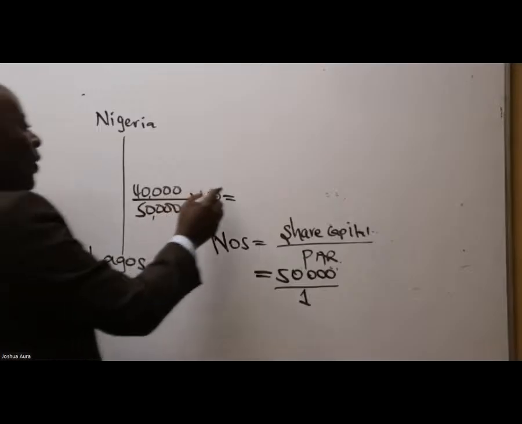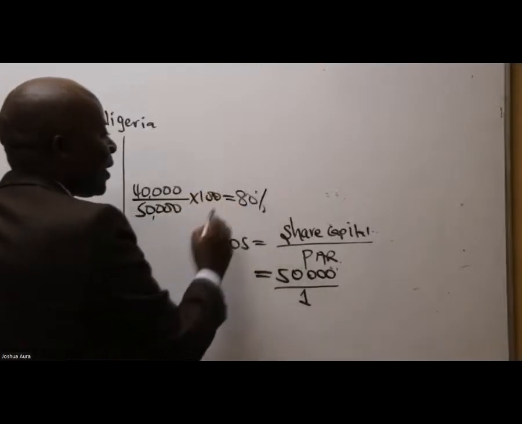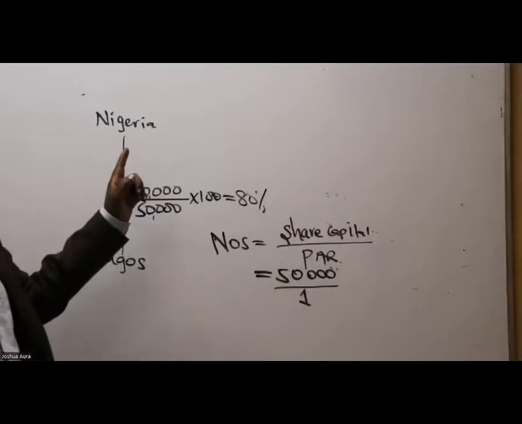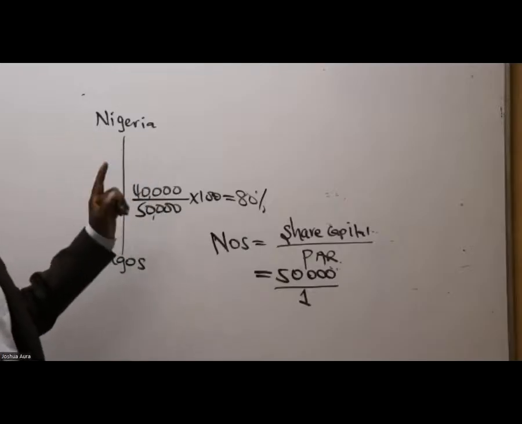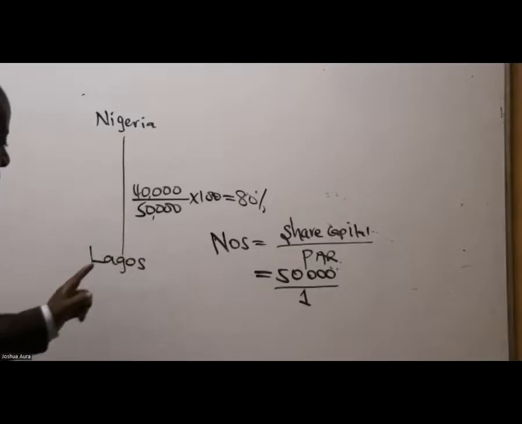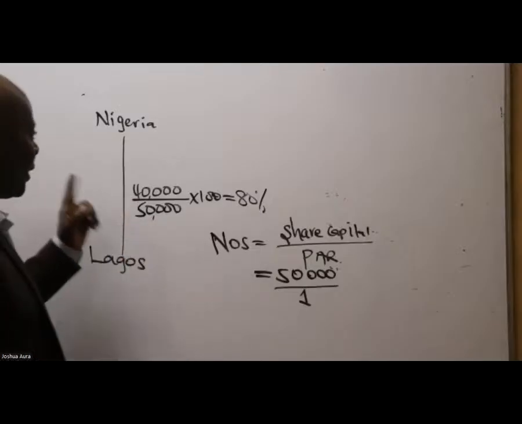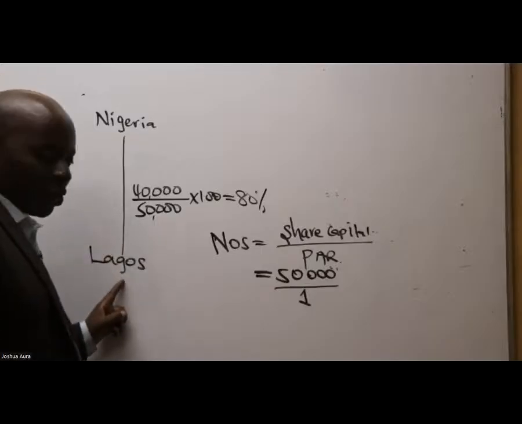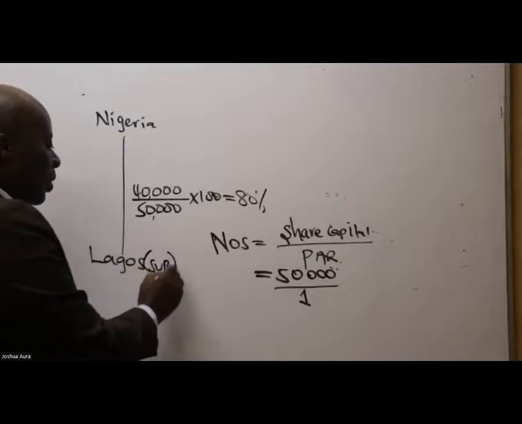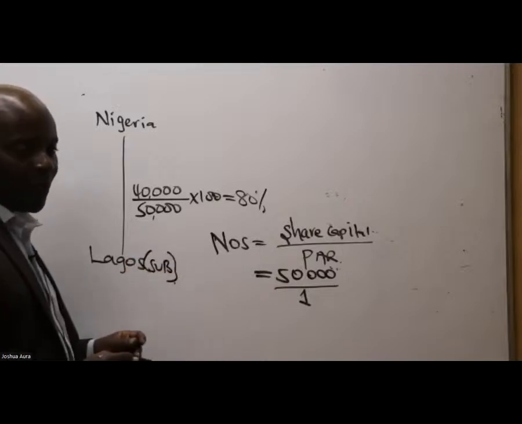So what do you think of 80%? It is too high. Automatically, that means control. It means Nigeria is controlling Lagos, so Lagos automatically becomes our subsidiary.